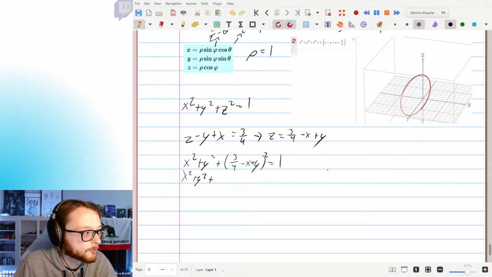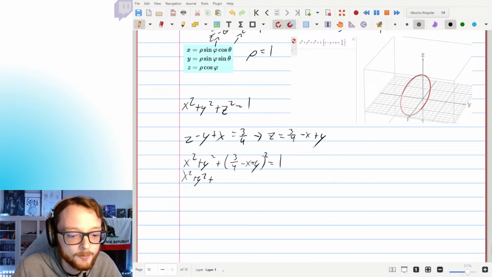That's annoying to multiply out. That's Wolfram Alpha's job. I'm not doing that by hand.